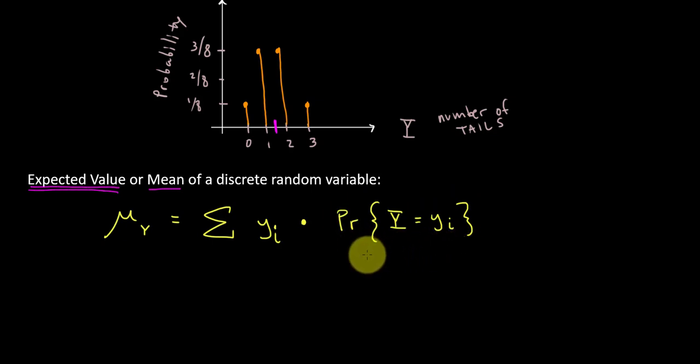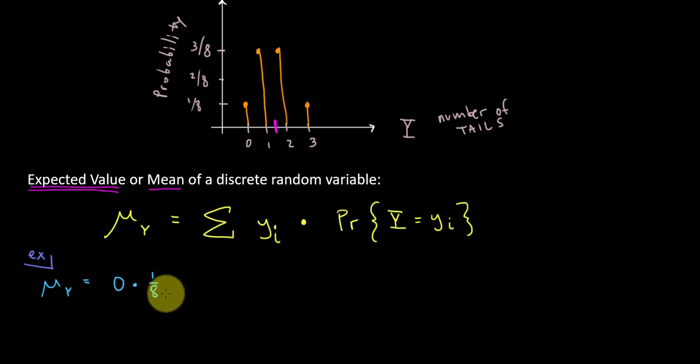And we might as well just crunch this right on out for this example. Let's roll. The mean of our random variable, there's going to be a bunch of addition, only four quantities added. We'll start with the 0 tails, and that's going to multiply the probability for 0 tails, which is 1/8.